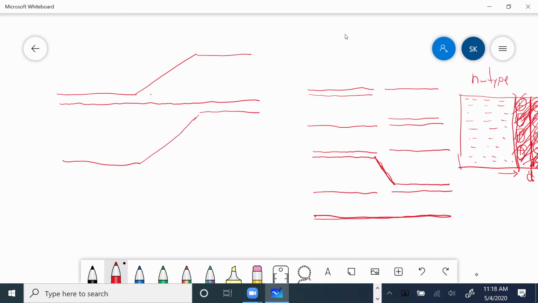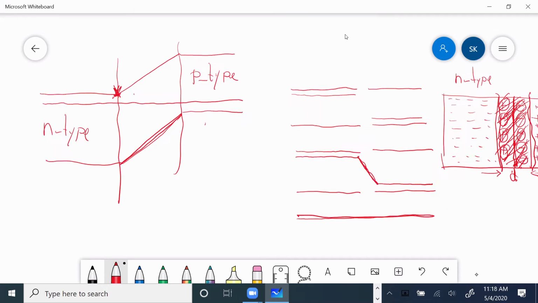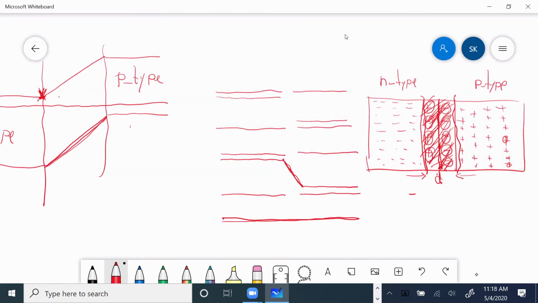So can you see that is P-type. That is N-type. But then, as we start from here, the Fermi level is still very much like the N-type. See, I am now traveling from there to there.